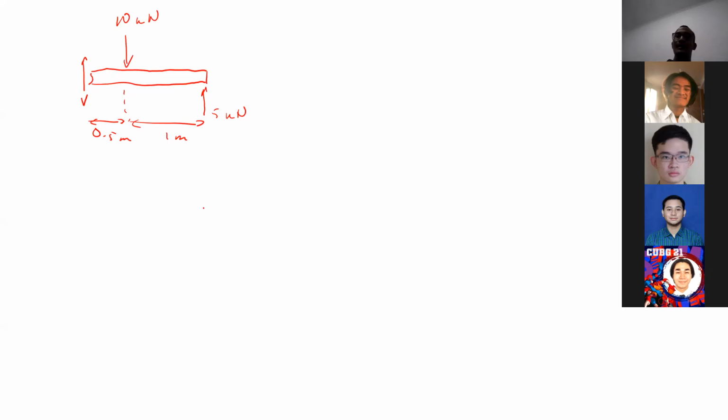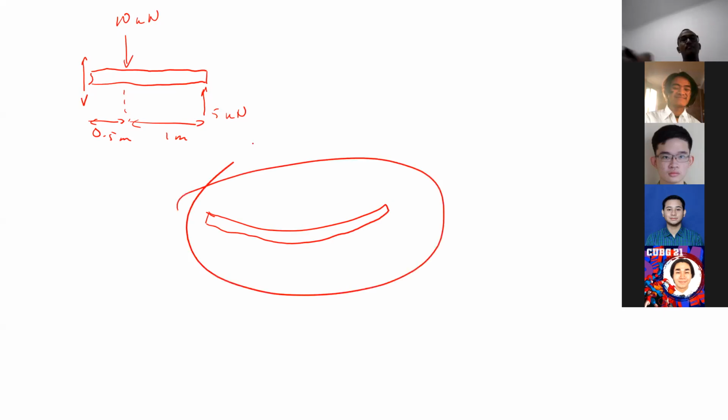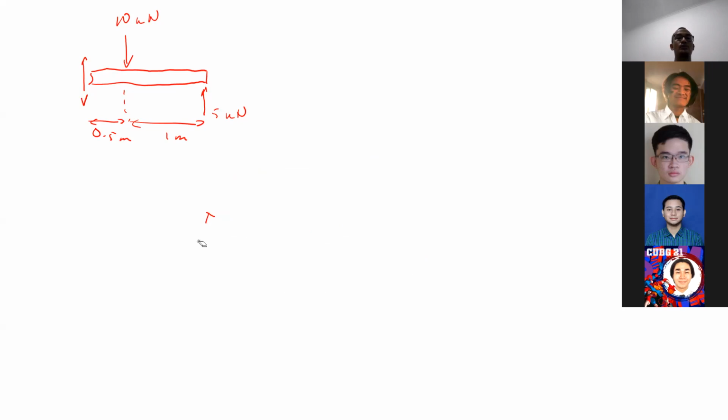For moment, in order to memorize it easily, the positive direction moment is the moment that makes the beam smile. So the deflection of the beam will be a smiling beam. Is it supposed to be clockwise or counterclockwise?